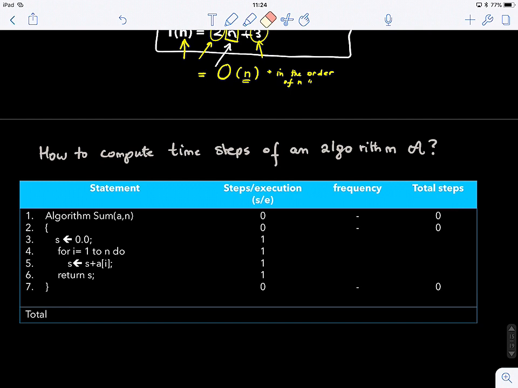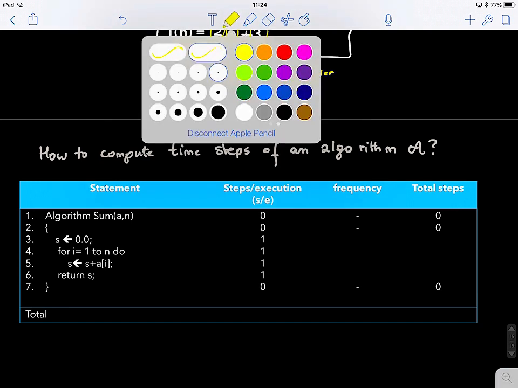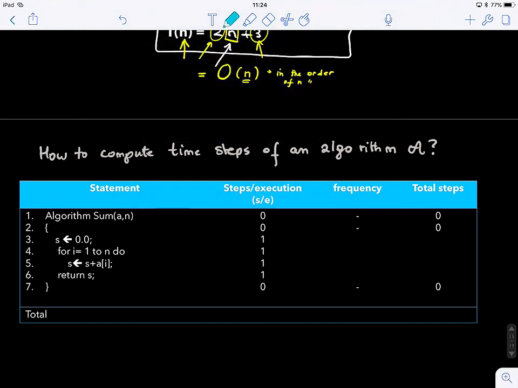In this algorithm, what matters is how many times each line will be executed. These are just empty lines, they're not really executed, so these take 0. Now, for this one, we have steps and we have frequency.